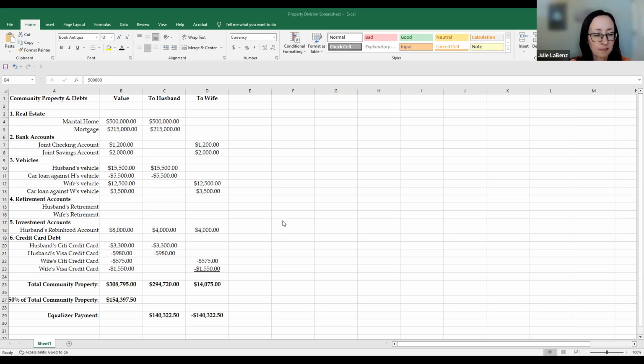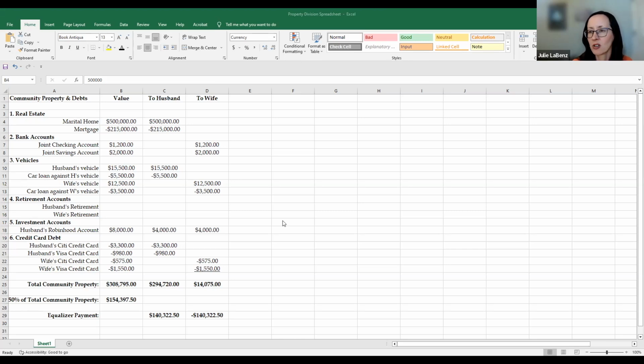Cryptocurrency, any sort of collector's items, also precious metals, gold and silver, anything like that. Everything should be included. If you have cash stashed at the house, some people do that. They get a safe and as a married couple, you stash cash at the house. That should be divided too.